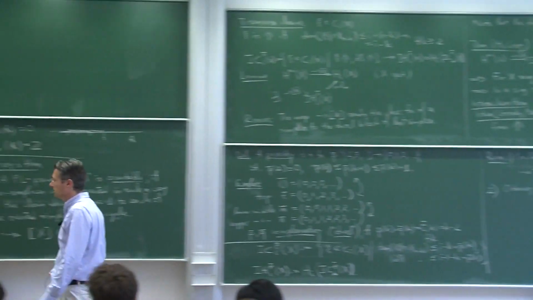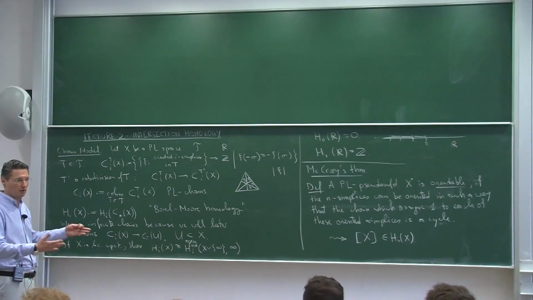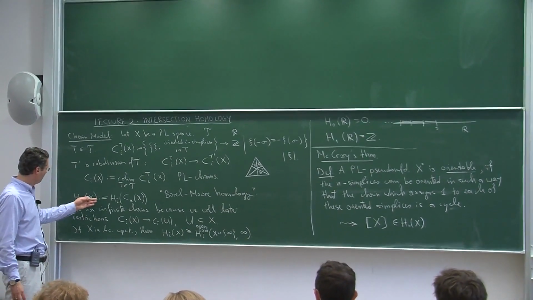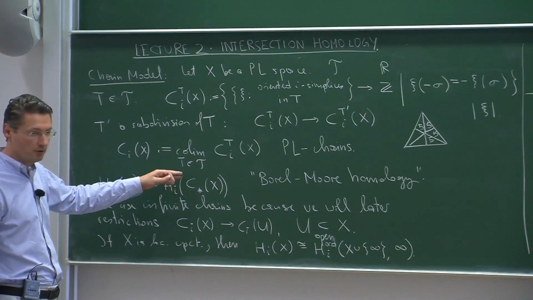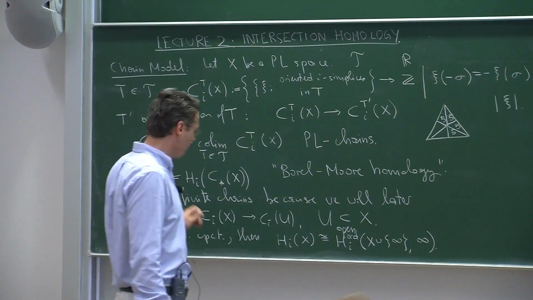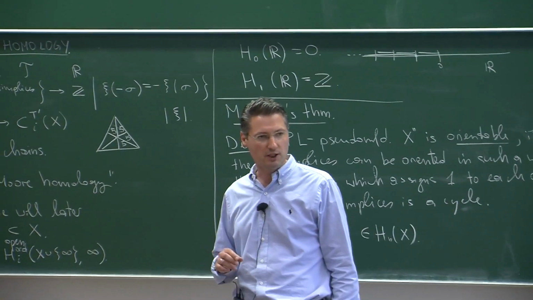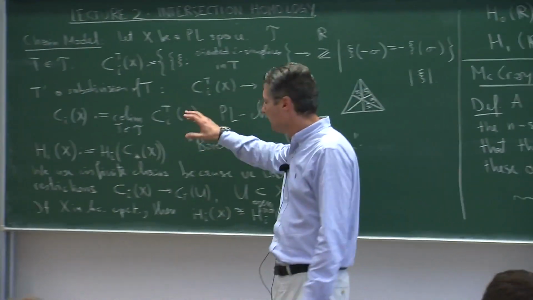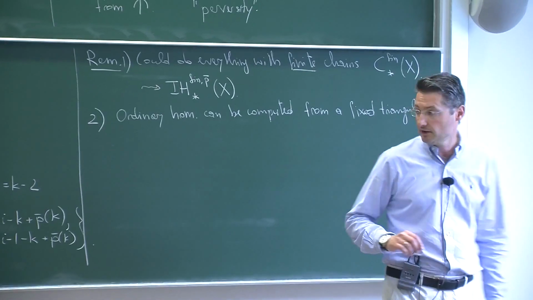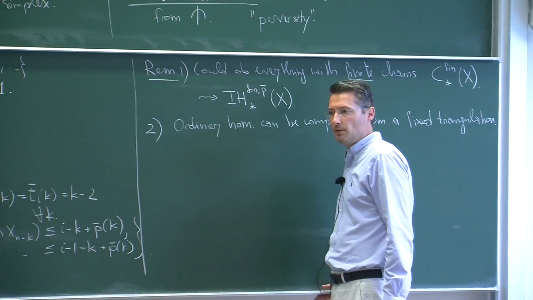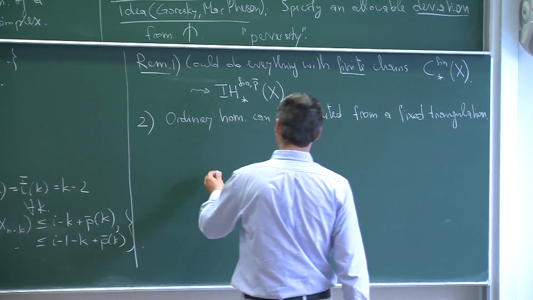If you have a basic course on algebraic topology, you say you have a simplicial complex. The fixed simplicial complex has a homology, and so then that's actually independent of how you triangulate the space, right? So this is actually not true, unfortunately, for intersection homology, and so we really have to do this. So that's a little subtlety, although one can analyze exactly what one can say about fixed triangulations. And so the remark then is the following.